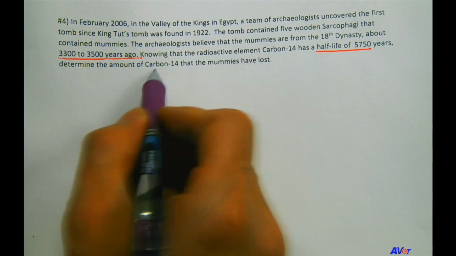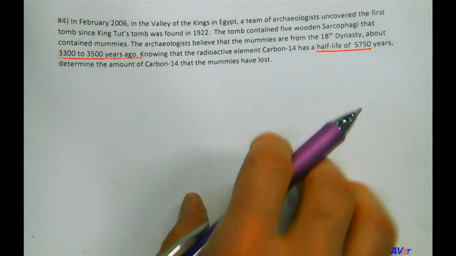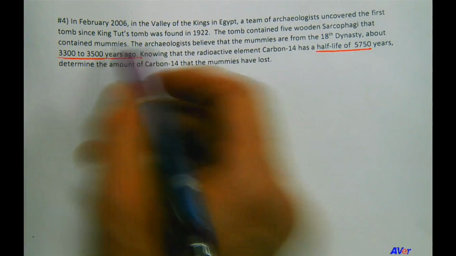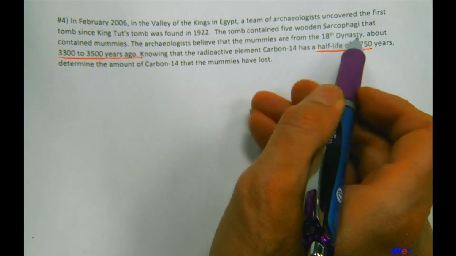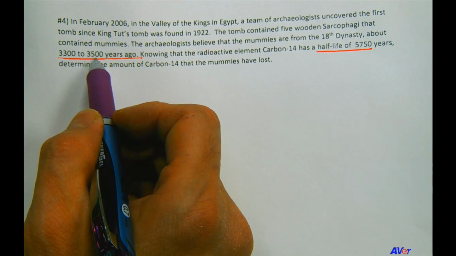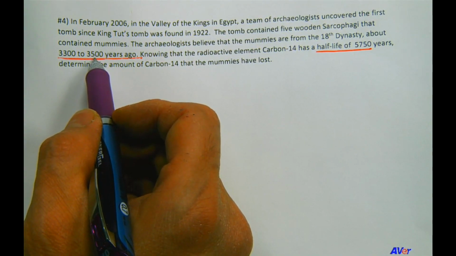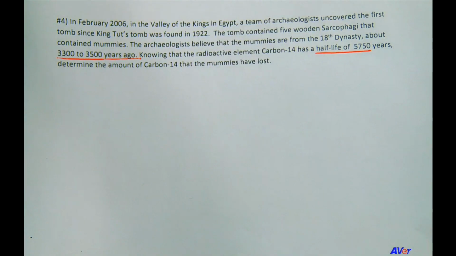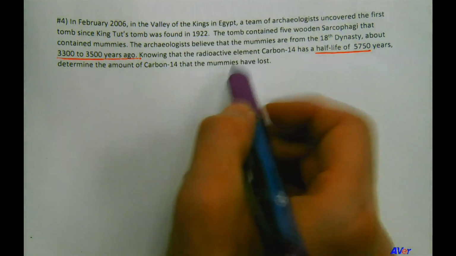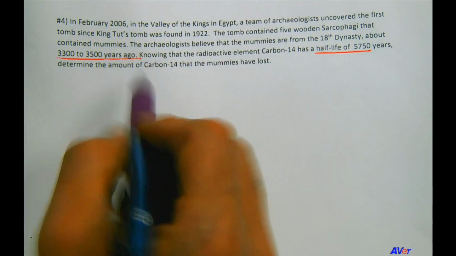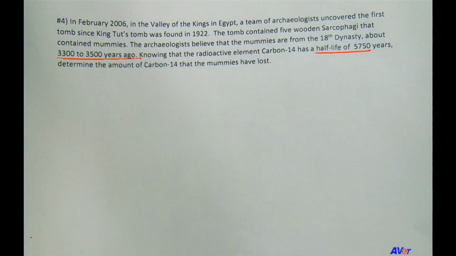Okay, determine the amount of carbon-14 that the mummies have lost. Well, they're approximating that the archaeologists believe that the mummies are from this dynasty about 3,300 to 3,500 years ago. Okay? So let's first find the decay rate, because we have the half-life, but in order for us to find the radioactive amount that the mummies have lost, we need to find the decay rate first.